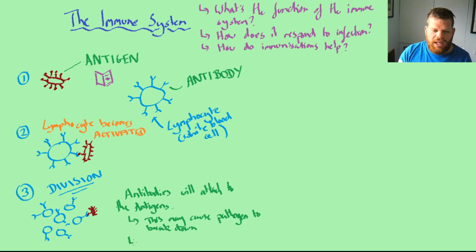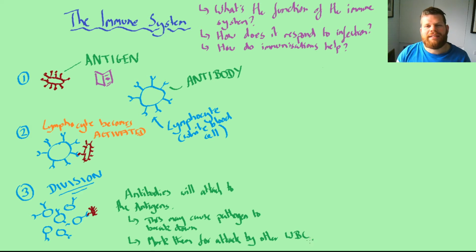Or it might essentially just be a big flag saying pathogens over here to the rest of the immune system, and it can mark them for attack from other white blood cells, WBC there standing for white blood cells.